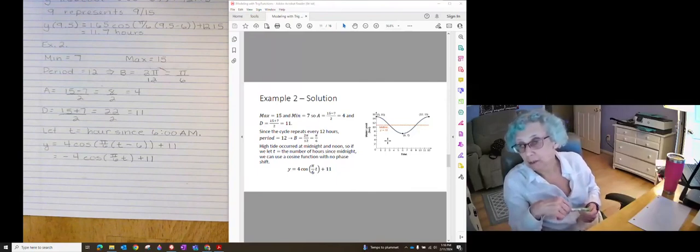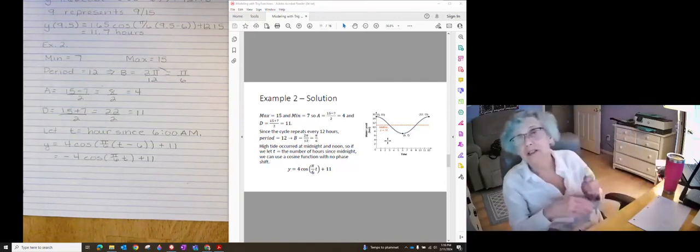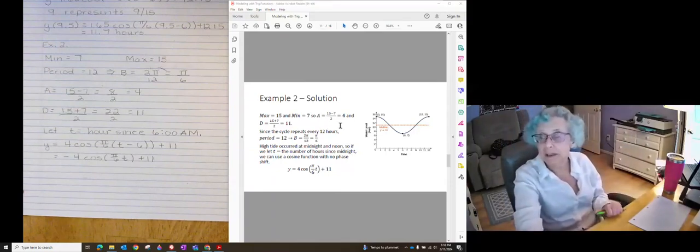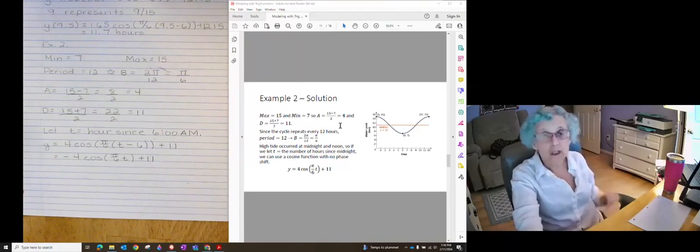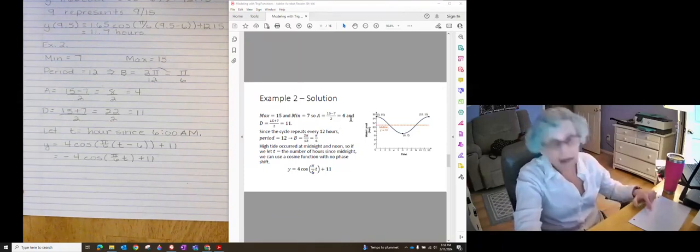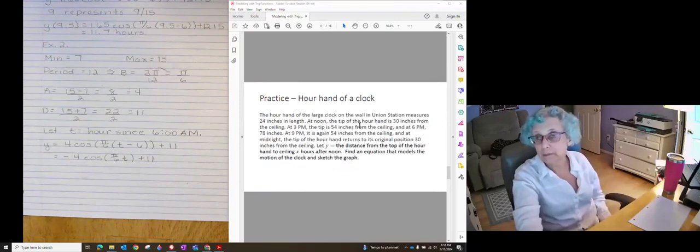And the cycle repeats every 12 hours. And you can see that this is just slightly different because I used a different starting point. If you were trying to predict the tide at a particular time, you have to think about what your starting point was, what you let your T be equal to.